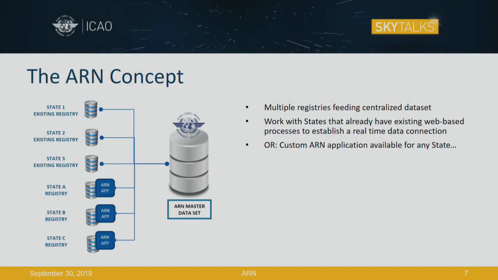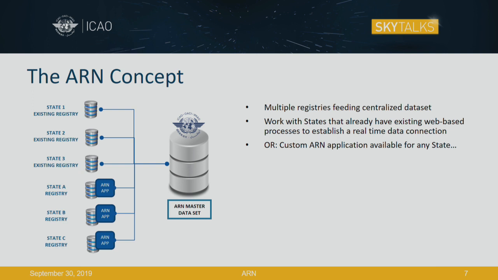So the ARN concept in a very simplistic graphical format. As you can see on the left, what you have right now is individual state registries that are very siloed. They're on their own, they're standalone, they don't talk to anything or anyone else. The vision is to have these individual registries feed a centralized data set. Now, they might actually provide the data, or there might be more advanced technology solutions to how we implement this, for example, a broker in the middle.